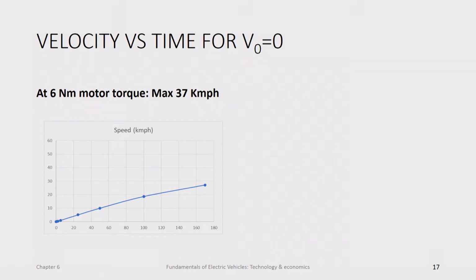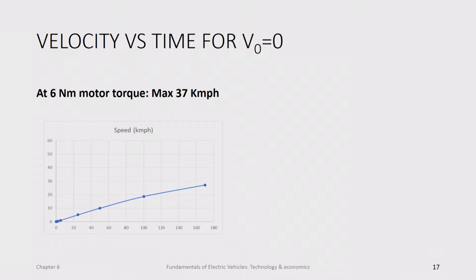It will never cross 37 kilometers per hour. You know the meaning of the word asymptotic. It means it will come closer and closer to it, but never touch it. So the asymptotic speed that it will reach is only 37 kilometers per hour. I will never be able to cross it.